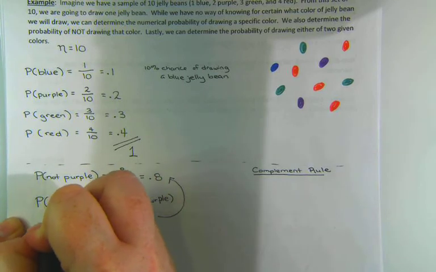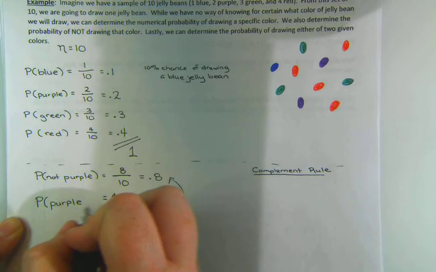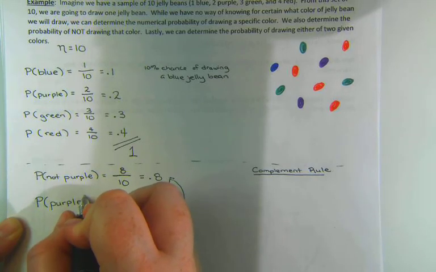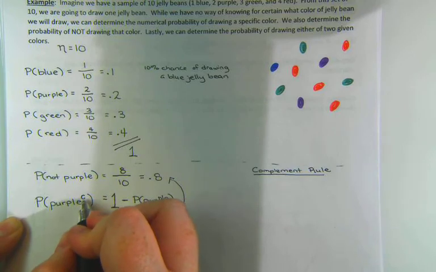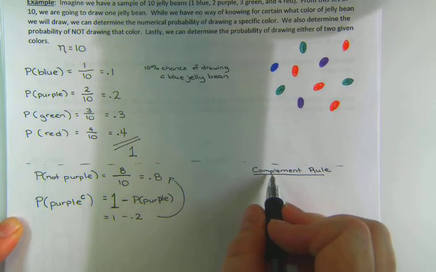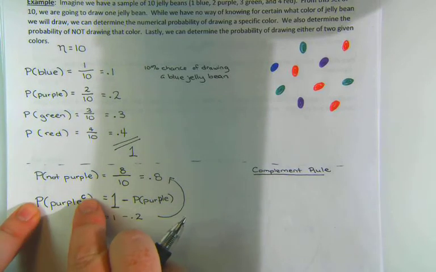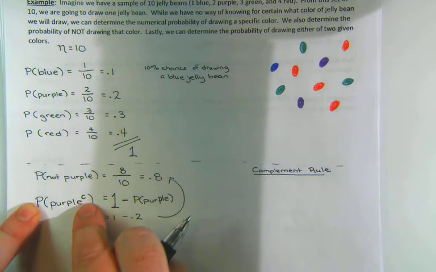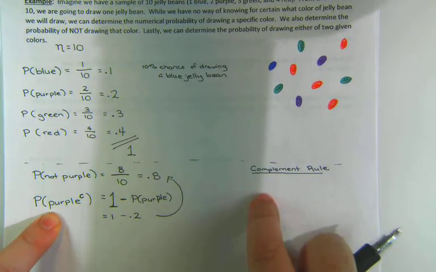Something I want to introduce here is our actual complement notation. Instead of writing not purple, you write the event, purple, and then it has this notation that looks like an exponent of C. The C is for complement, it just means the other stuff.